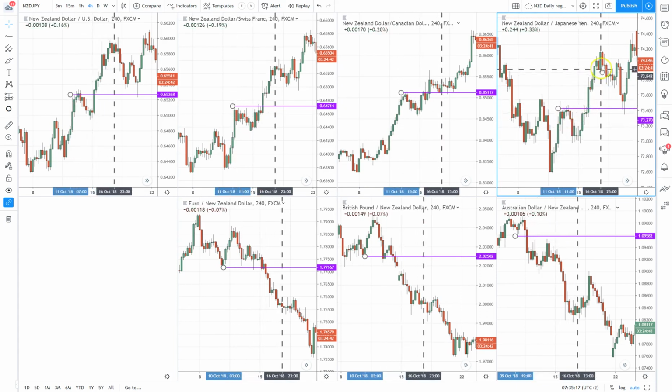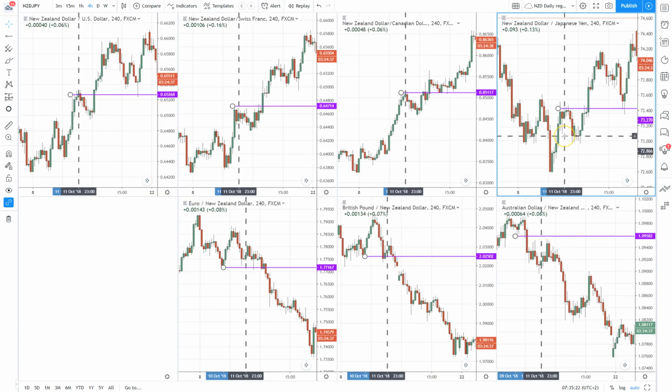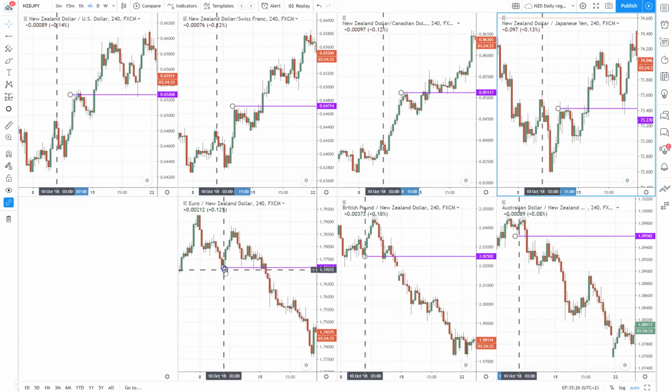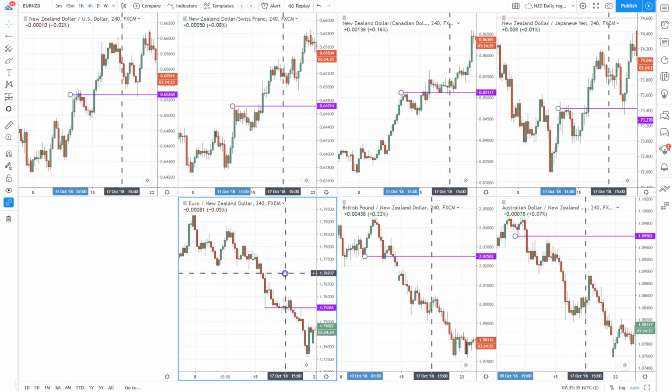So only now is this confirmed as an uptrend. So at this moment this was the laggard, and here we are for this one, Euro New Zealand.